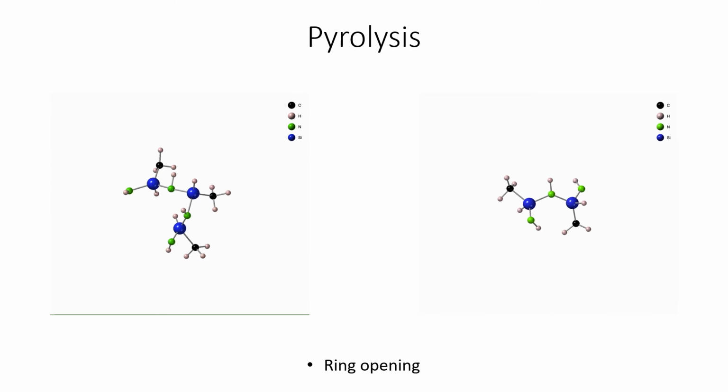The second animation is a different process seen for ring opening, and this hydrogen here will move from the nitrogen to a neighboring nitrogen here, and this bond between the silicon and the nitrogen will break.